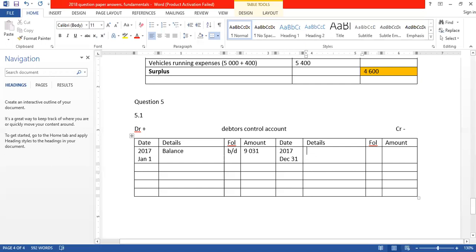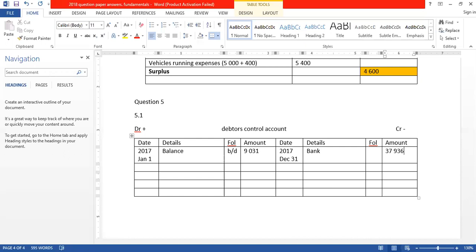So you have bank. Remember, where are we getting this transaction from? We got it from our bank account that we were given on top there. We receive checks. In other words, a check already tells you that the form of payment is bank, or the other account is bank, of 37,936. 37,936 is the total amount paid by the debtors.